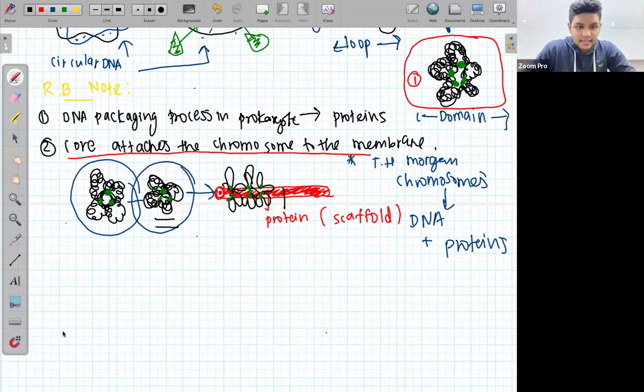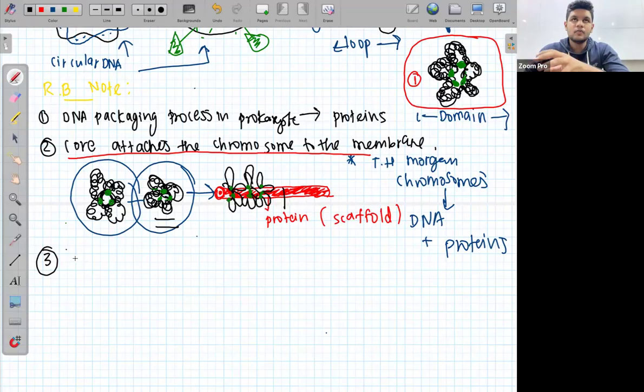Now that is the explanation for the second point. Now it's for the third point.